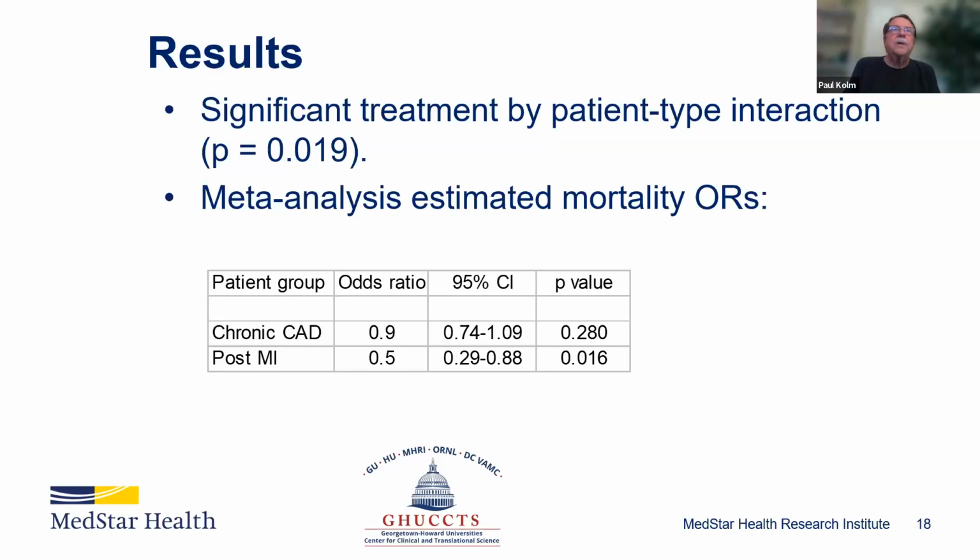There was a significant treatment, PCI versus medical therapy, by patient type interaction. The estimate of the odds ratio for chronic CAD patients was 0.9, which was not statistically significant. However, for the post-MI patients, the odds ratio was 0.5, which was statistically significant, as the confidence interval does not include 1. So we get different conclusions based on the type of patient.